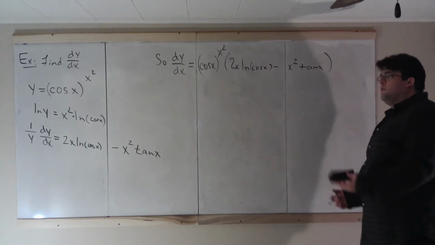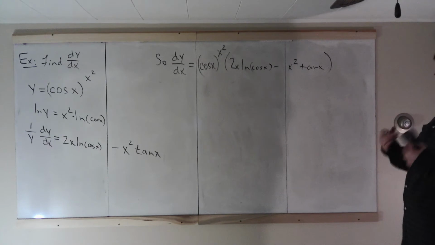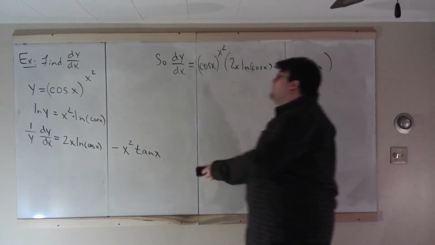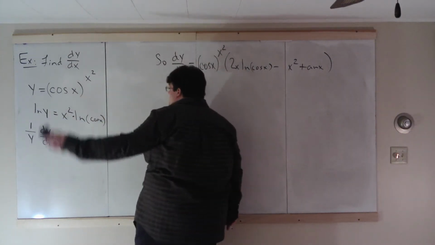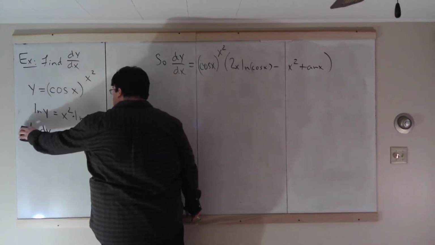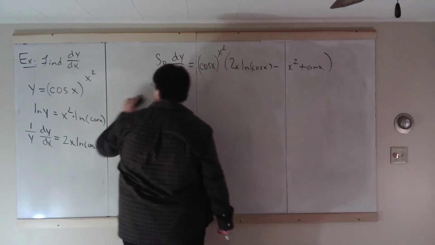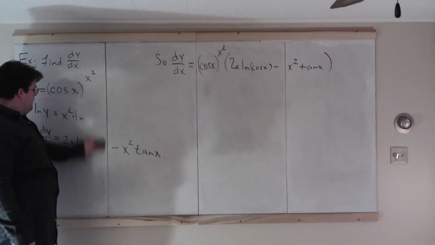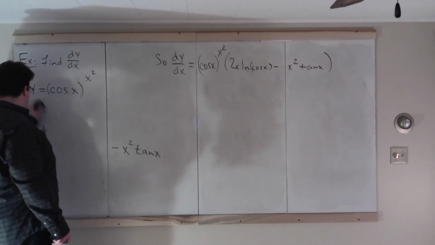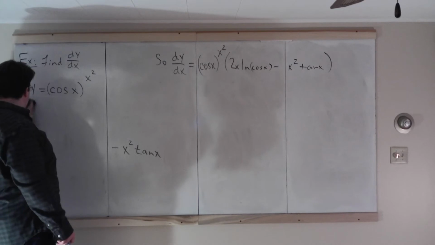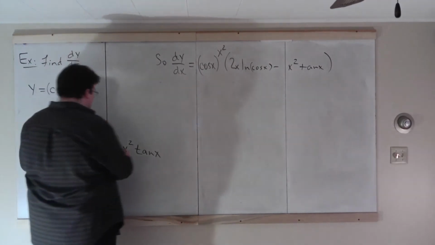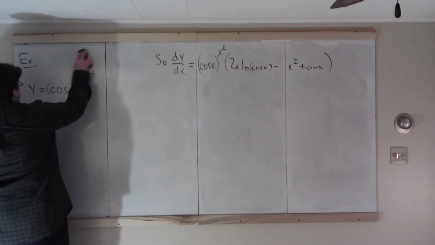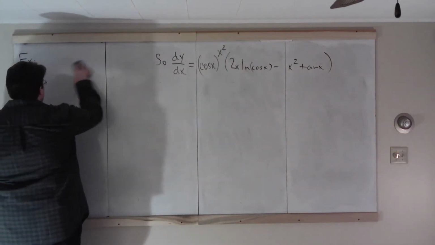So, the steps in going through these first two examples should look the same. Throw a logarithm on them, differentiate implicitly, multiply by y, replace y with what it is in terms of x. Maybe I should have written this before doing the first example, but they're the first type of logarithmic differentiation problem we could see.